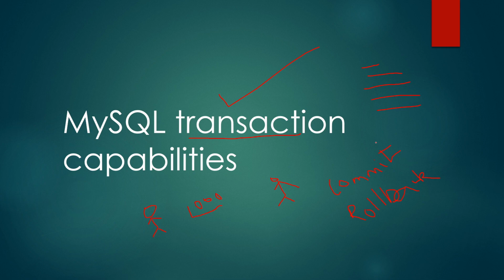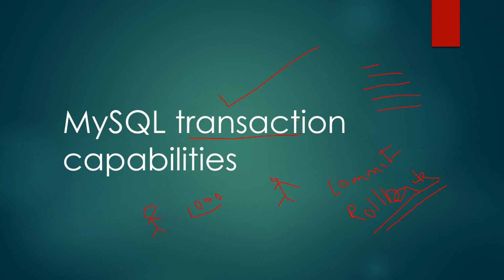I want to roll back that stage, means I want to go back to my previous state. In such a situation, transactions come into the picture, and I can roll back. Rollback means I'm undoing whatever I have done so far, and commit means I'm saving everything I have done so far. So this is the entire concept of transaction.